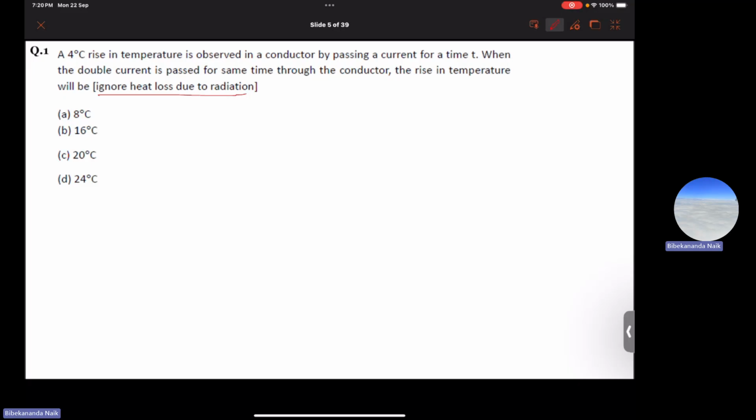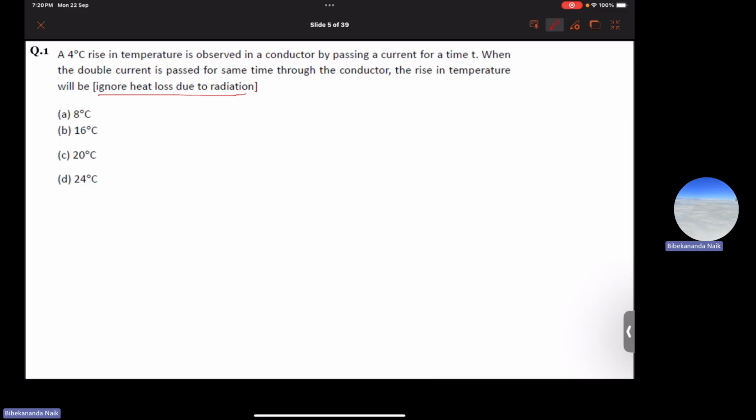The problem says a 4 degree centigrade rise in temperature is observed in a conductor by passing a current for a time t. When the double current is passed for the same time through the conductor, the rise in temperature will be, and in the bracket it is mentioned, ignore heat loss due to radiation.